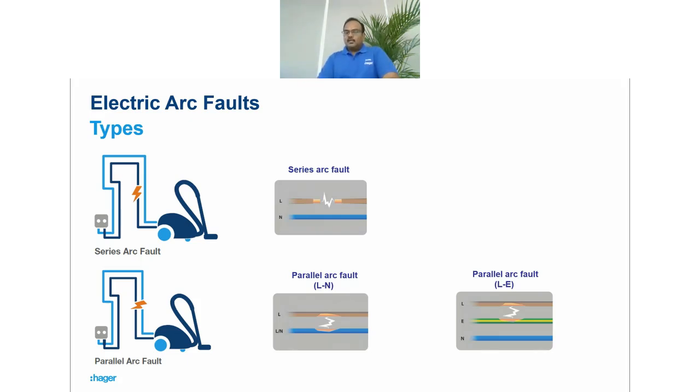But here we are talking about a line and a neutral standing close to each other with a little rupture in the insulation. This arc creates a smaller amount of current transfer, but quite high compared to its rated current. Let's say, maybe instead of 6,000 amps, it will go to 70 amps, 100 amps.